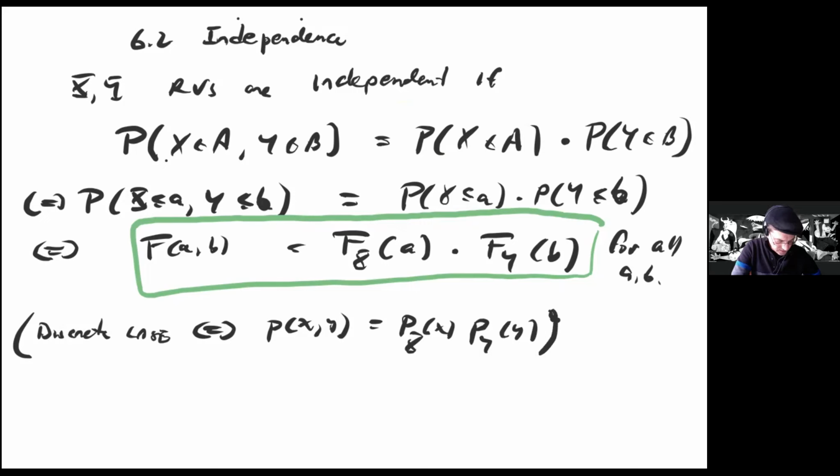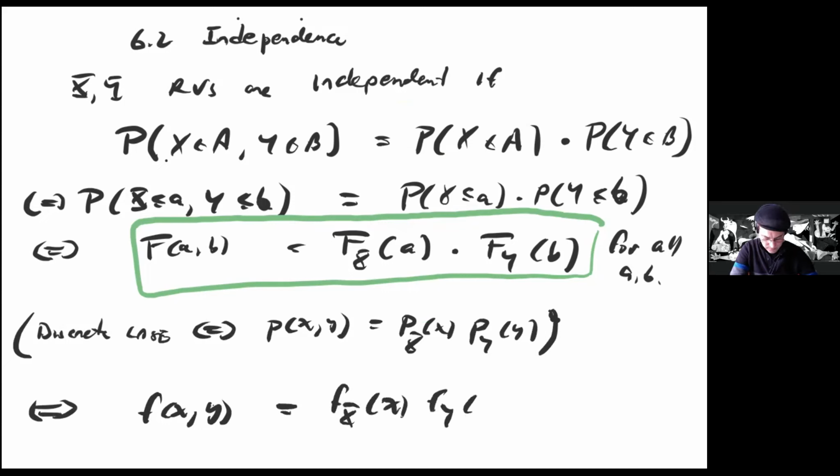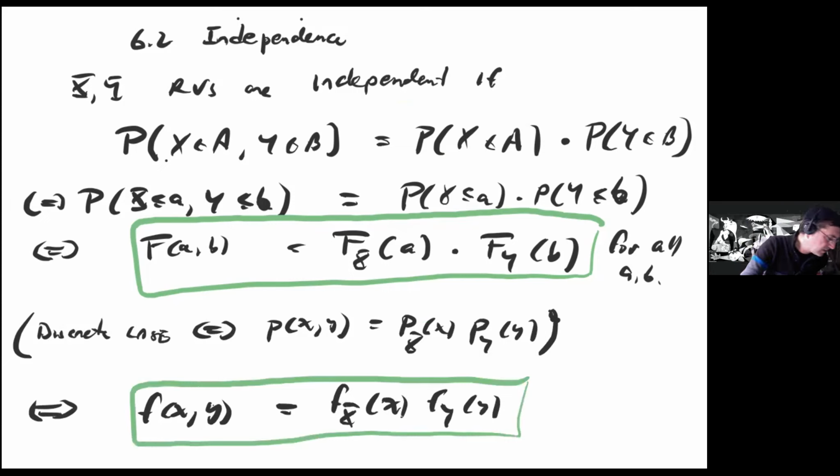And in the continuous case, everything is equivalent to the fact that the joint probability density function is a product of the marginal density functions. So you could either remember the cumulative condition or the non-cumulative version, which is this in the green box. Okay, so that's the definition of independence.